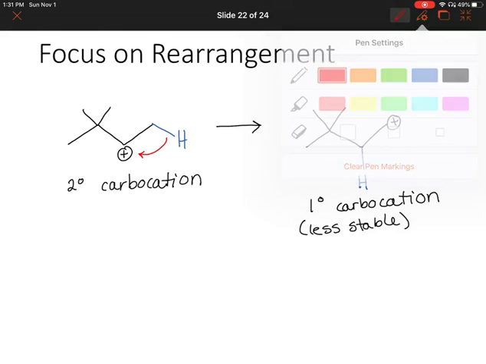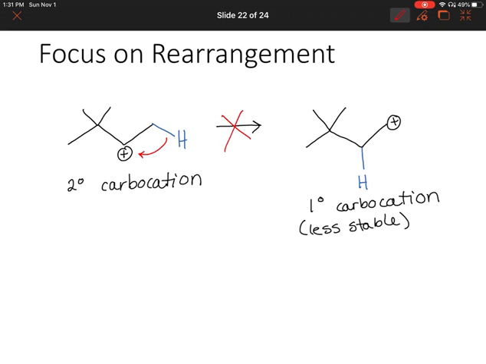So that actually would not work. That would not happen because we want to make sure that if we're shifting anything, it's going to create something more stable. So this would have been a 1,2 hydride shift if it had occurred, but it wouldn't because we're creating something less stable.